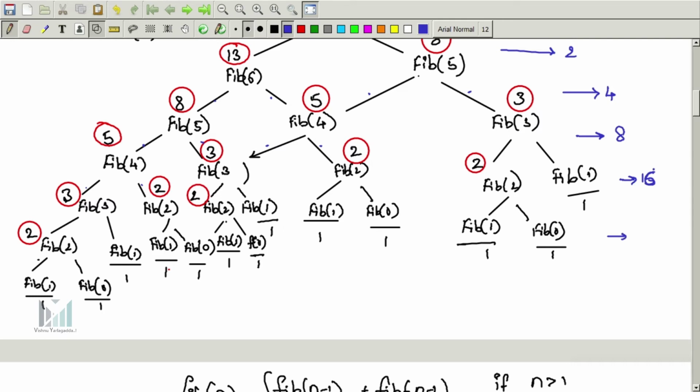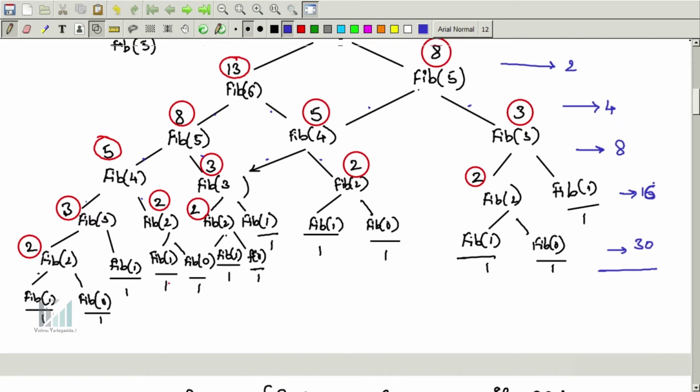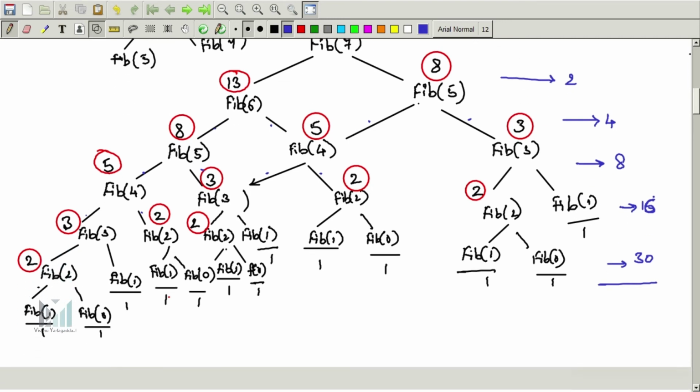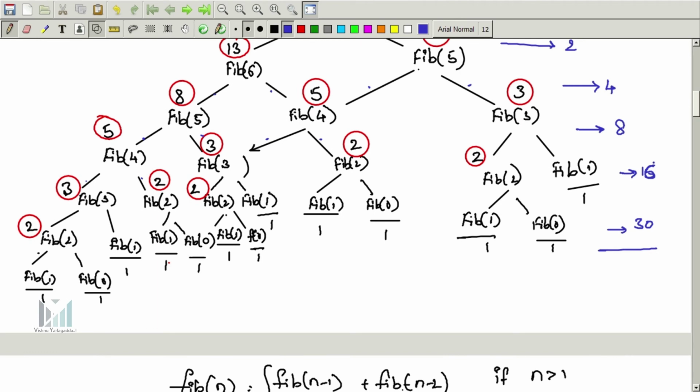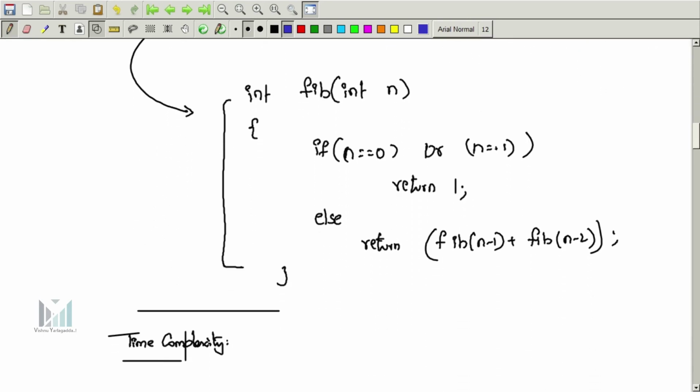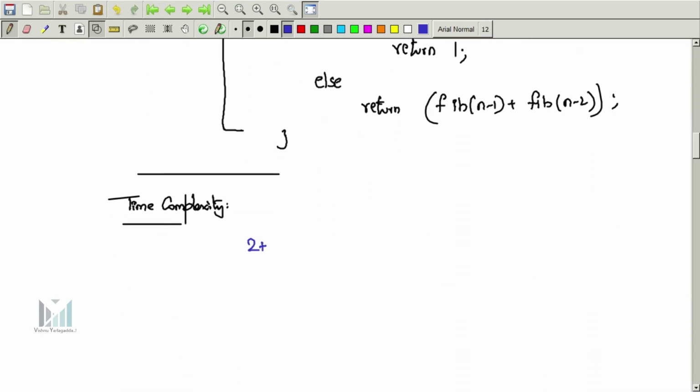So likewise, the number of additions, that means at the first level it will be 2, second level 2 square, third level 2 cube, fourth level 2 power 4. That means the time complexity will be 2 plus 2 square plus 2 cube plus 2 power 4 plus, and so on, till the depth of the tree, or till the height of the tree.